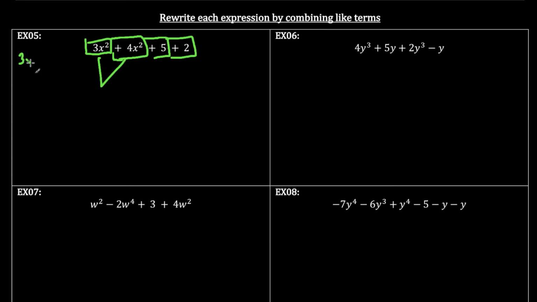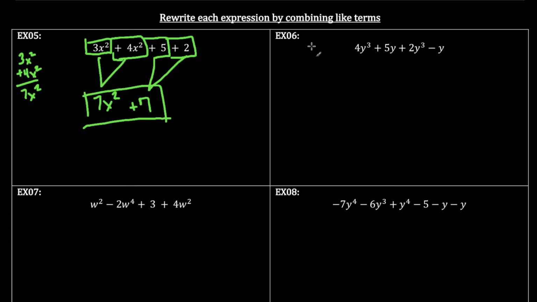So 3x squared plus 4x squared gives me 7x squared. And I have two constants left over, plus 5 plus 2, which I'm not even going to show the work for because we know that's just plus 7. Fairly easy.